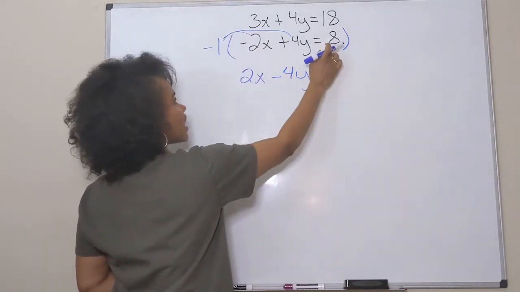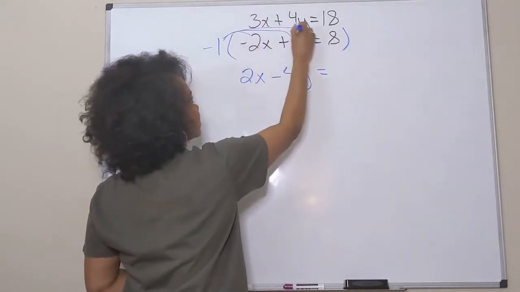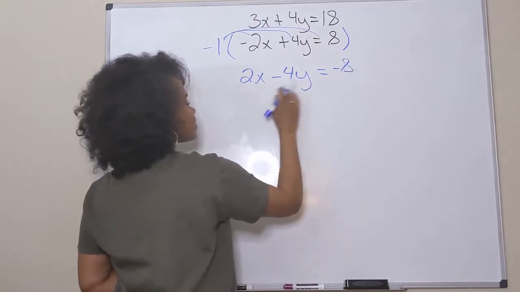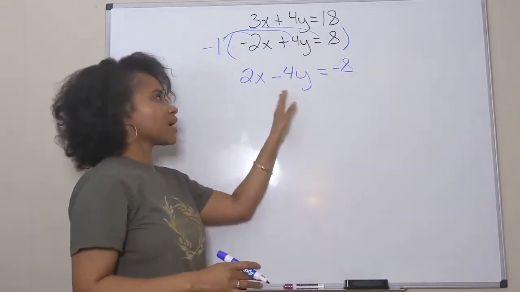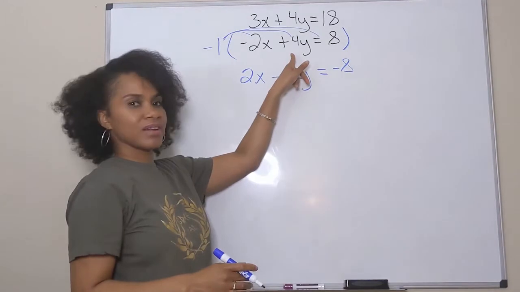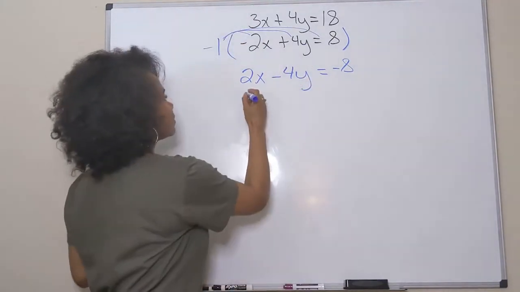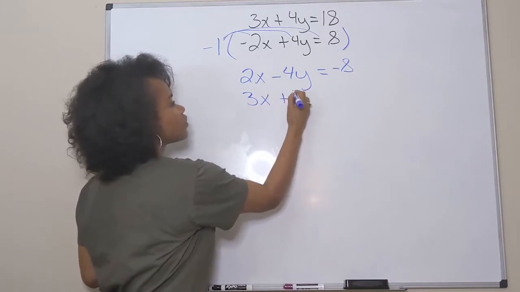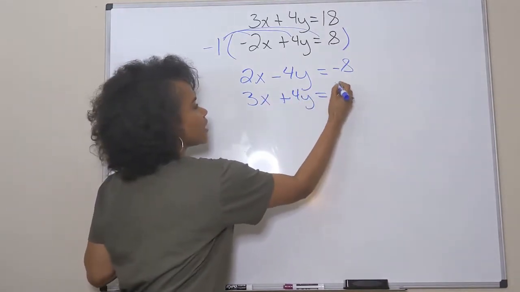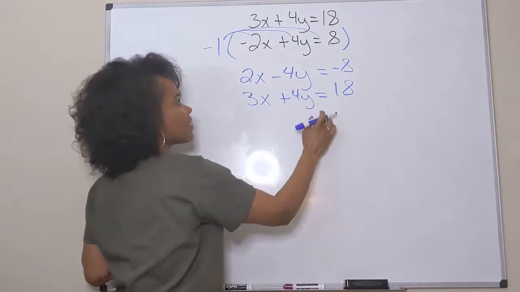And negative 1 times 8 gives me negative 8. So I've multiplied everything by negative 1. Now I have a negative 4y. I'm just going to bring down that top equation, 3x plus 4y equals 18, so that way I have it all together.